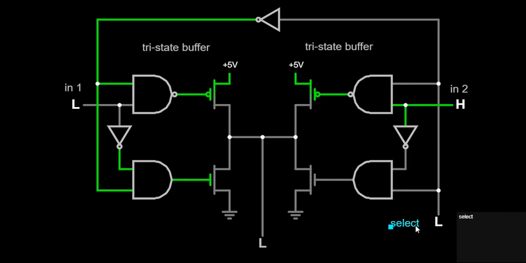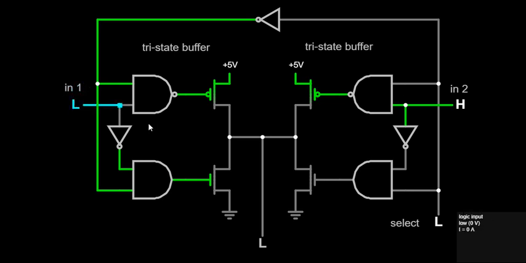We select the select line 0. So what will happen? Input 1 will be selected and the output will change according to input 1, and there will be no effect of input 2 at the output because we have selected only input 1.